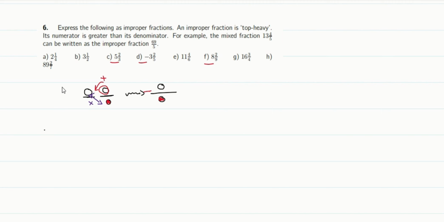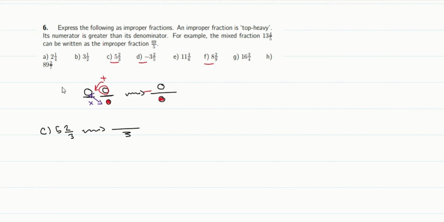Let's say that we want to solve C, we have 5 and 2 over 3. And we want to convert this to improper fraction. The improper fraction, as I said, the value on the denominator would be still the same. So we have 3 in here. We're going to write 3 again in here. Only the value on the numerator would change.